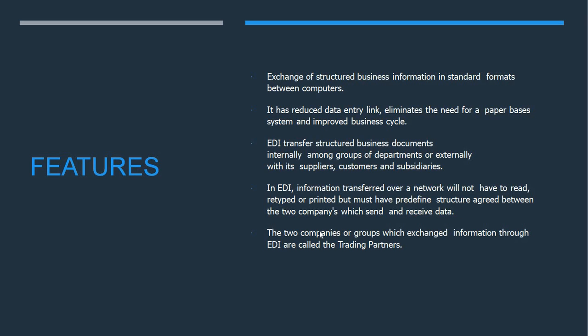This predefined structure is agreed between the two or more companies between whom the information is passed. The two companies or groups which exchange information through EDI are called trading partners. So that is a small feature introduction about EDI.